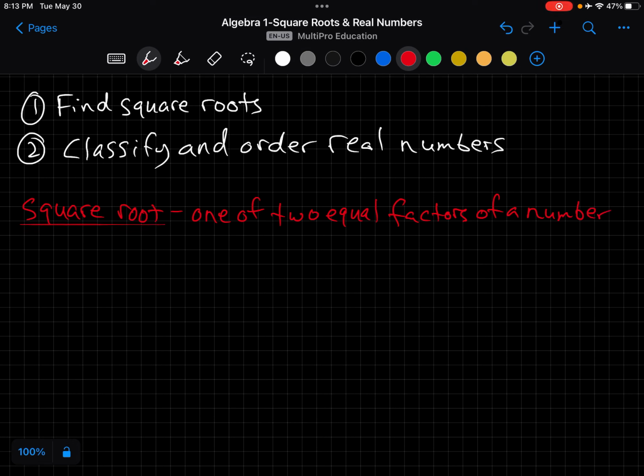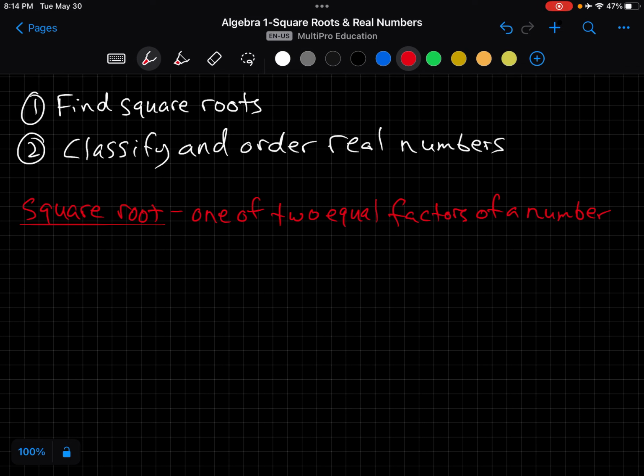You're like, that sounds like Greek to me. Well, if you multiply two numbers together that are the same number, you come up with another number, okay? So it's basically the reverse order of that. You're trying to find out which two numbers are multiplied against each other to come up with that number. And we'll see some examples. It may make more sense when we see some examples.